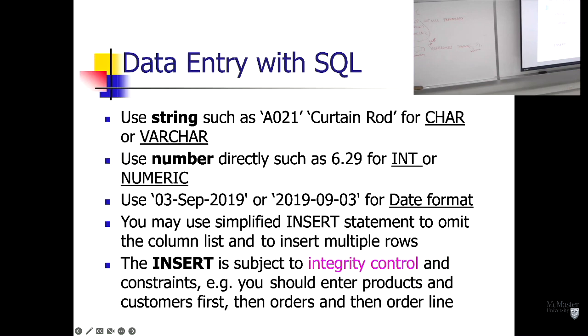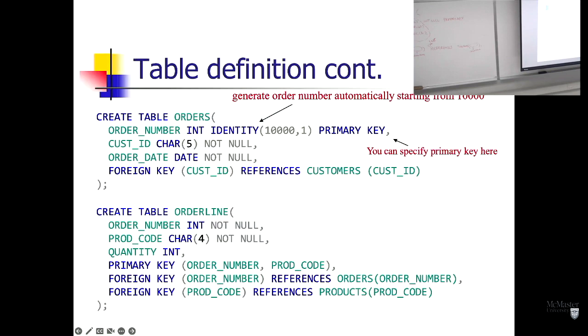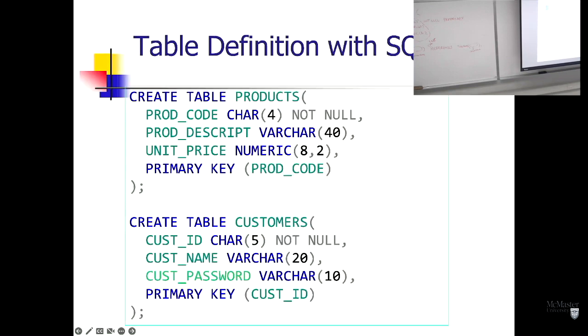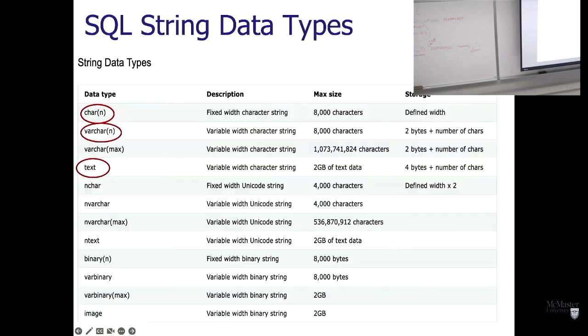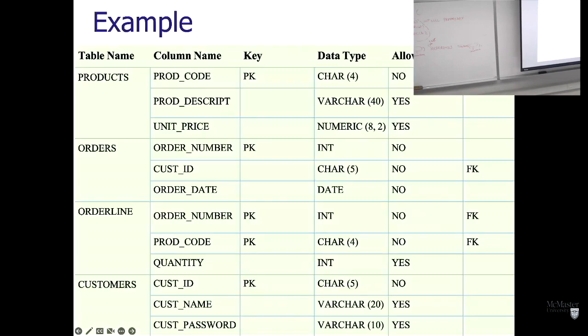I can go back to the schema to help you better realize. So what I was saying was that we cannot insert into orders or order line before we insert into products and customers. Can someone tell me why?